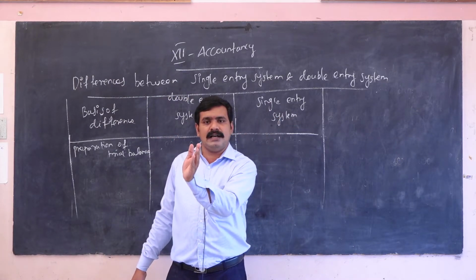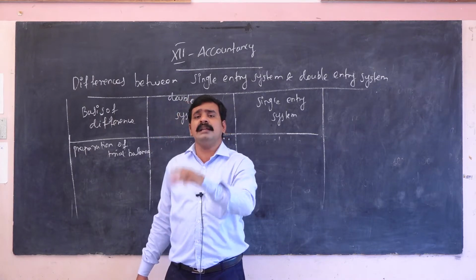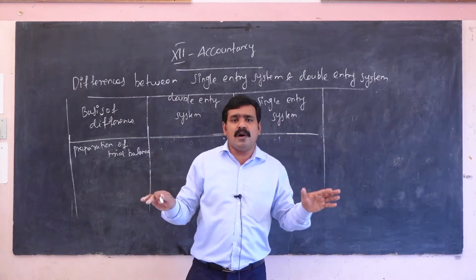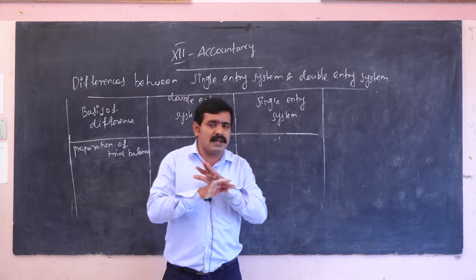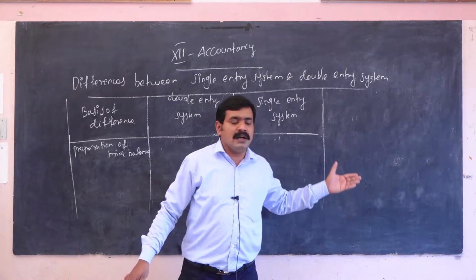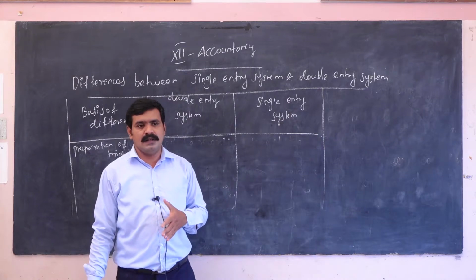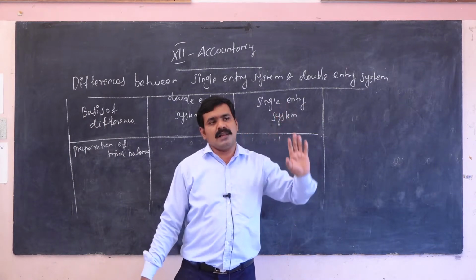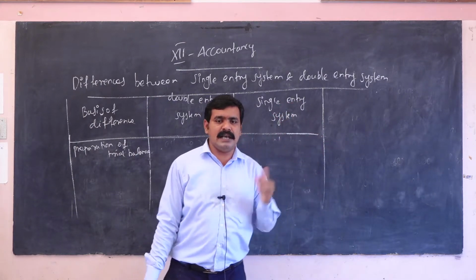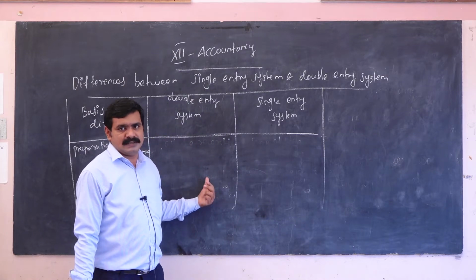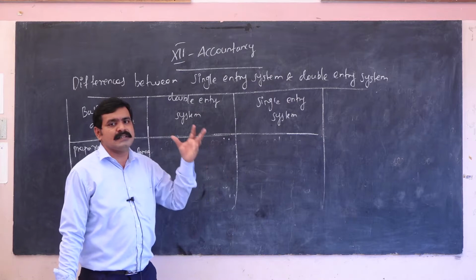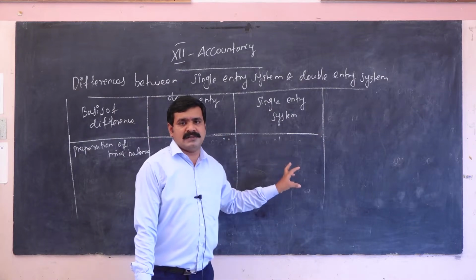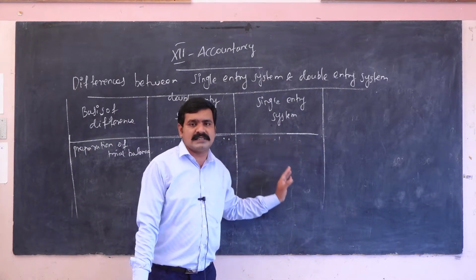But in single entry, we don't prepare a trial balance, and so it affects all the accounts. We don't prepare the trade account, profit and loss account and balance sheet. Double entry is the best system in all companies. Only a few small trade organizations maintain these kinds of records.